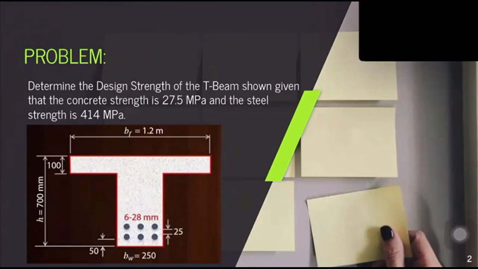Like for this example, hindi natin alam kung yung neutral axis ba is within the flange or outside. Pwedeng andito yung neutral axis. Pwede rin andito sa baba yung neutral axis. So yun yung magiging problema mo dito.